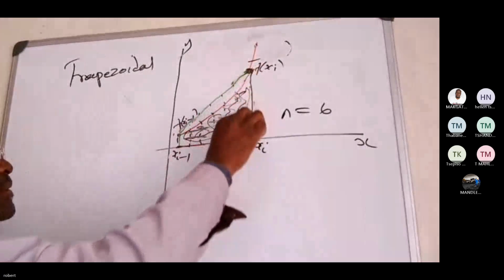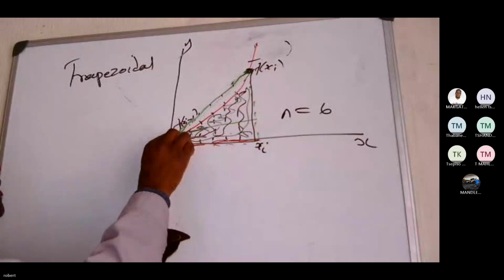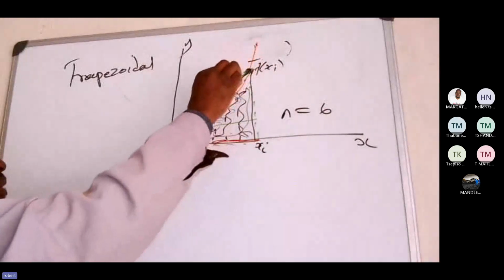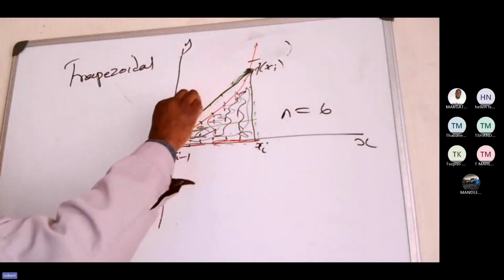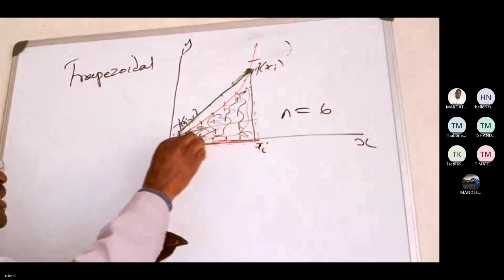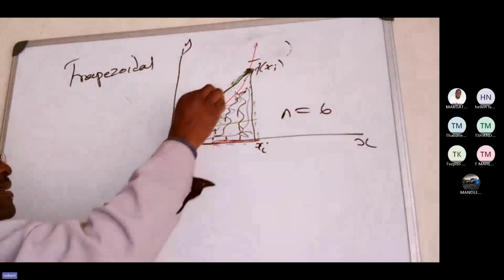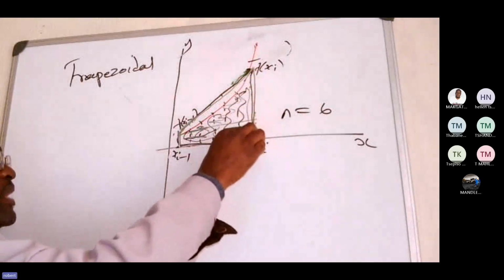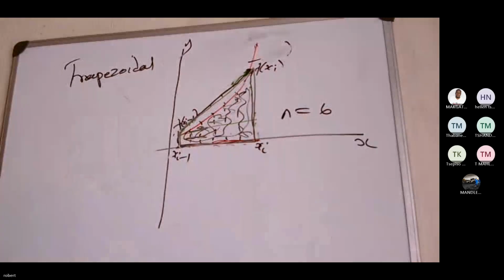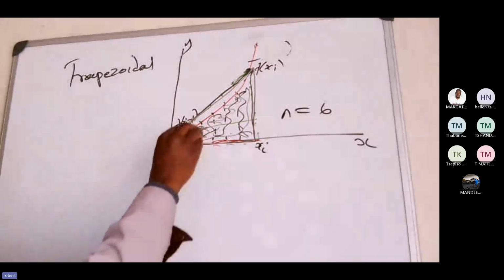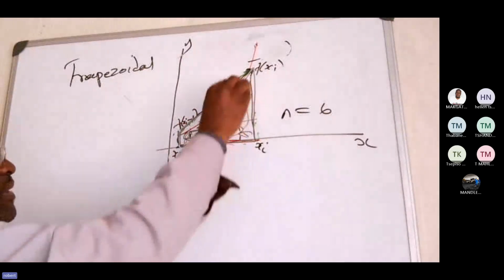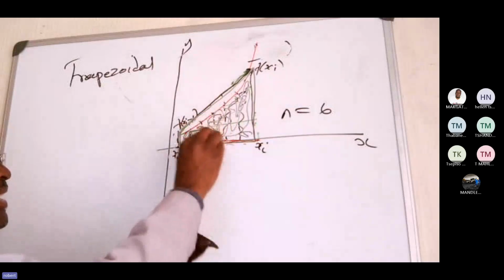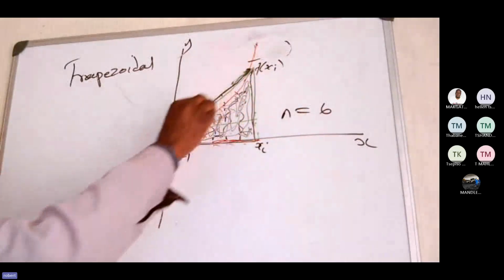This is now a trapezium. But we are not calculating the area of the trapezium. We are only interested in the area under this curve.